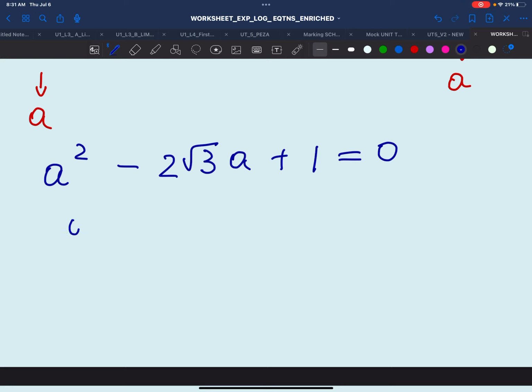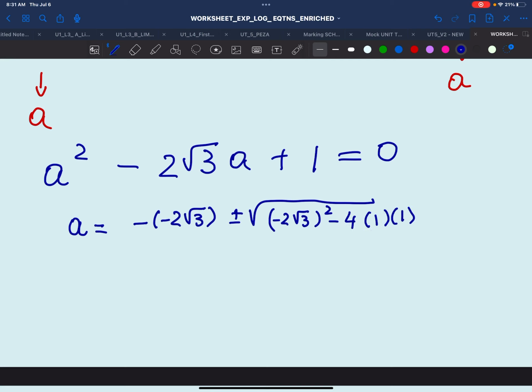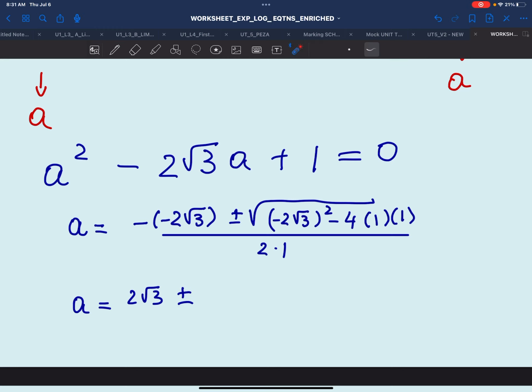So we're going to say that the unknown a we're solving for would be equal to negative b, so negative 2 root 3, plus or minus the square root of, remember we have the discriminant, so that would be negative 2 root 3 squared minus 4 times 1, over 2 times 1.